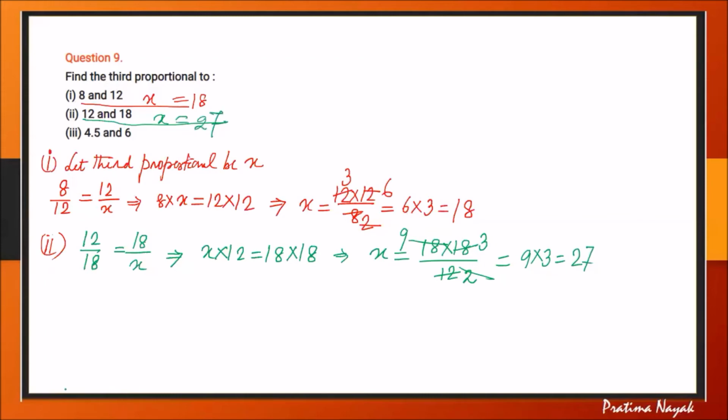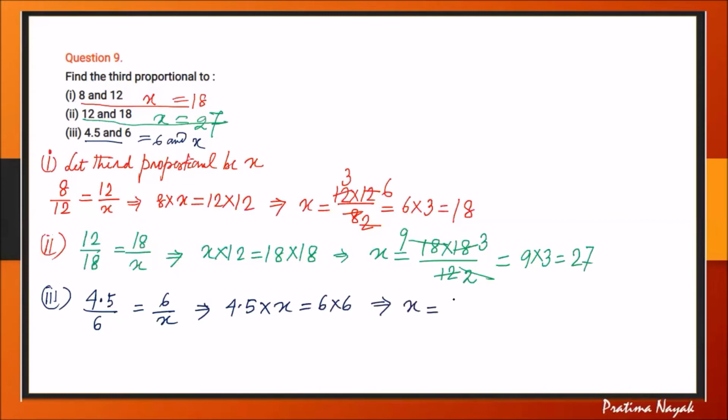Now coming to third one. Third one is a, can check, it is a decimal. So 4.5 is to 6 is equal to 6 and x. So 4.5 by 6 is equal to 6 by x, or 4.5 into x is equal to 6 into 6, or x is equal to 36 by 4.5.